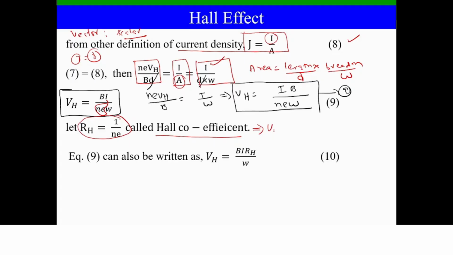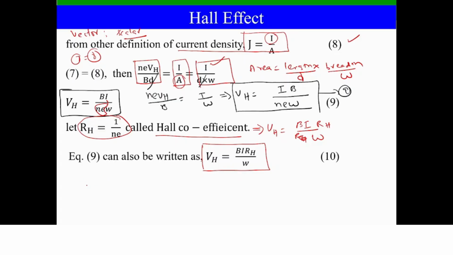So the ninth equation can be written as BI divided by W, with RH in place of 1 by NE. VH is equal to BI RH by W. That is equation number 10.